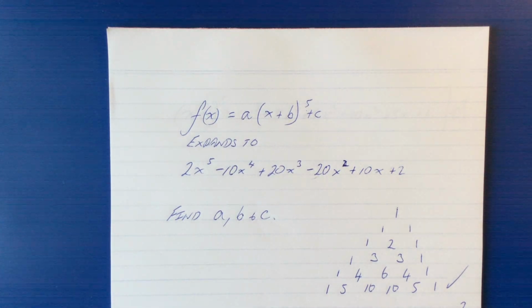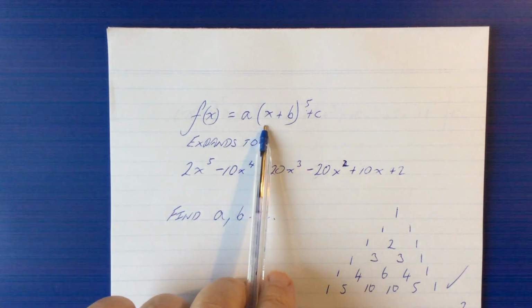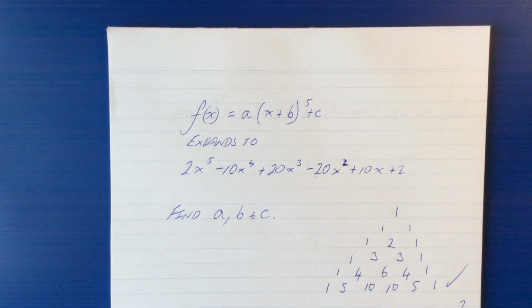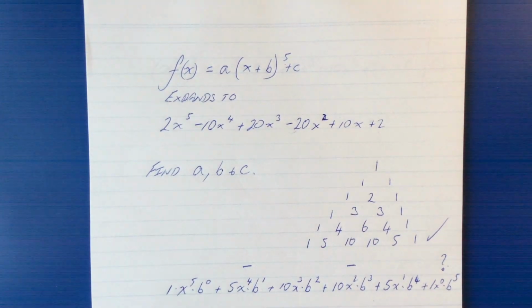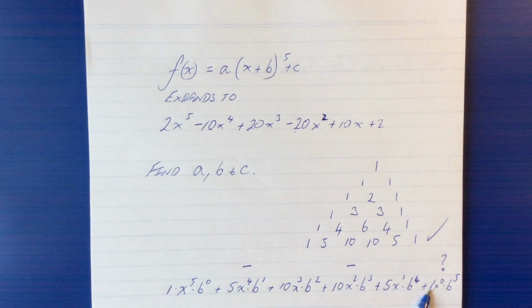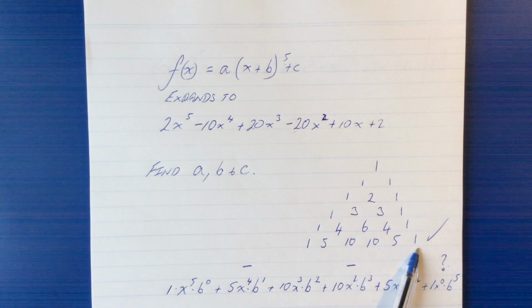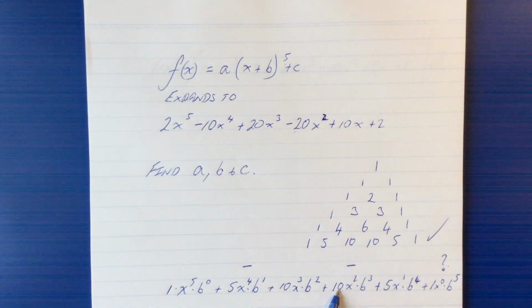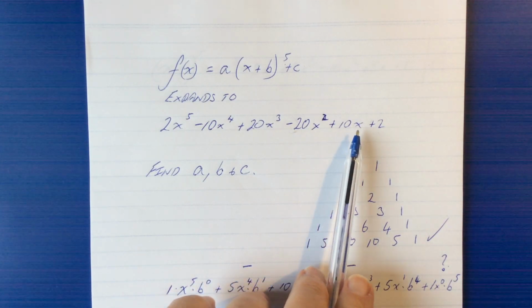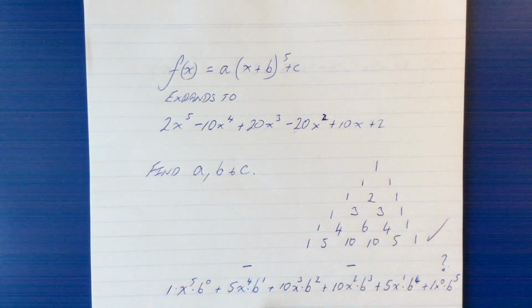let's take a look at what the binomial expansion of (x + b)^5 would look like. And I've got it here. So 1, 5, 10, 10, 5 and 1 are my coefficients, and note these are positive all the way through, and I have a negative and possibly a negative here.